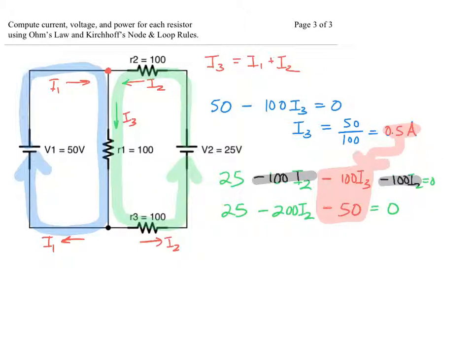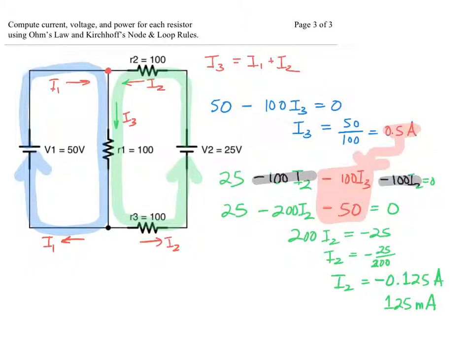All right? So this means that I have, let's see, 200 I2 will equal negative 25, and so I2 is going to be minus 1/8, or negative 0.125 amps, which, by the way, would be the same as 125 milliamps.